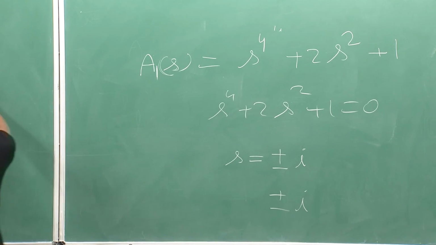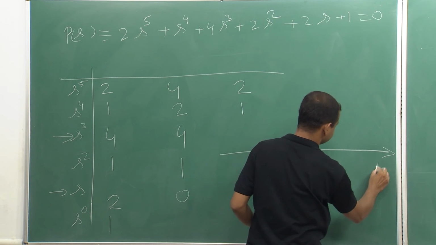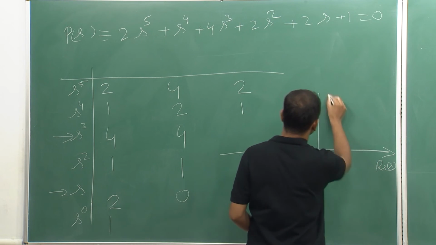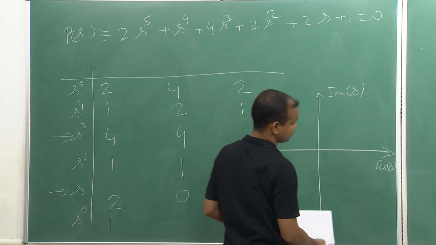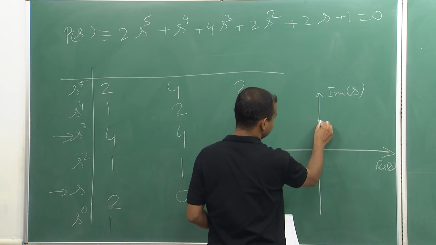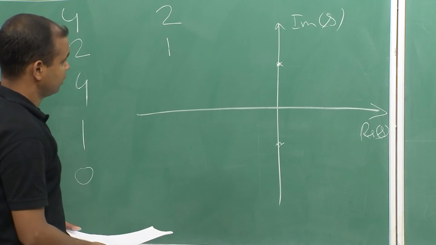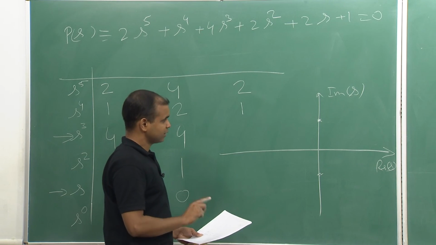So, if I write it on the complex plane, the real part of s and the imaginary part of s, I have two roots here and two roots here. So, we have double poles on the imaginary axis and my system will be unstable.